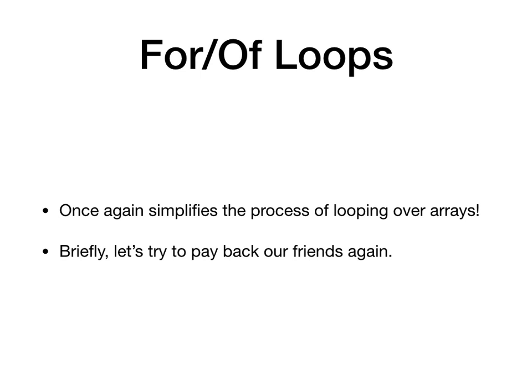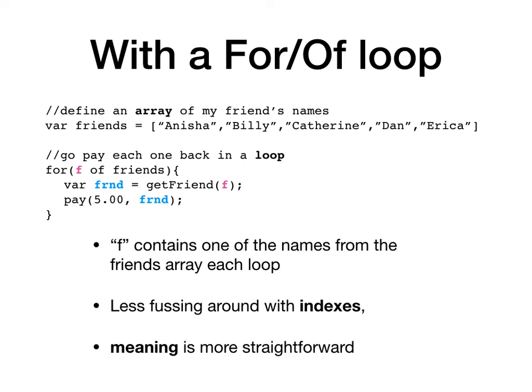So let's pay our friends back with a for of loop. Once again, we're going to define an array of our friends' names, but this time the for of loop is a lot shorter. Remember, we're going to grab out the string value from the friends list there, and we're going to dump it into this little variable f. So for f of friends, I still have to define that variable to grab the friend, but now it's shorter.